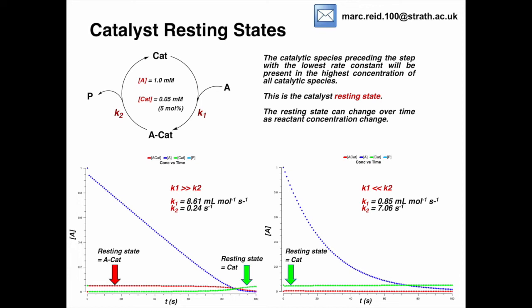In other words, Cat is the catalyst resting state for the entire reaction, where K1 is always turnover limiting. So as you can see from these two cases, the catalyst resting state is the catalyst species that precedes the turnover limiting step.